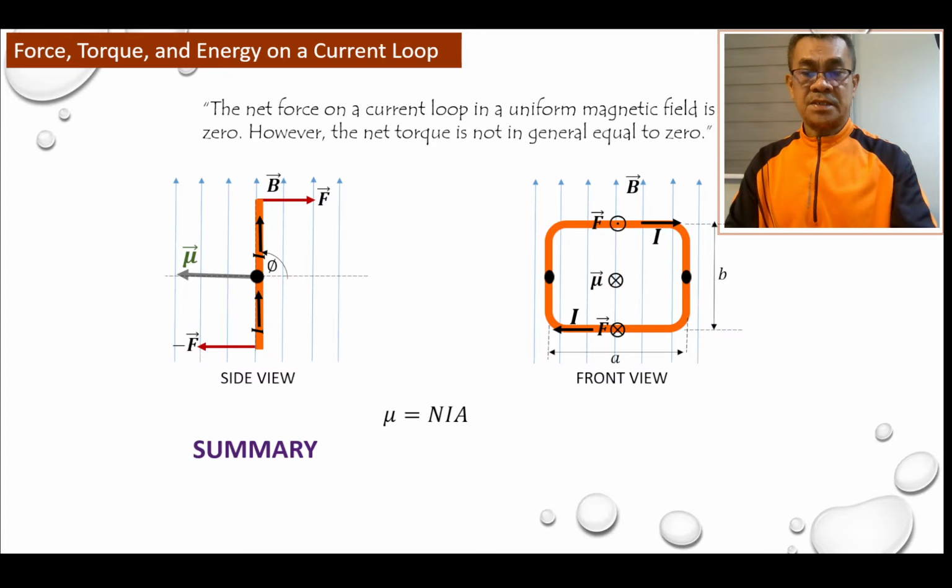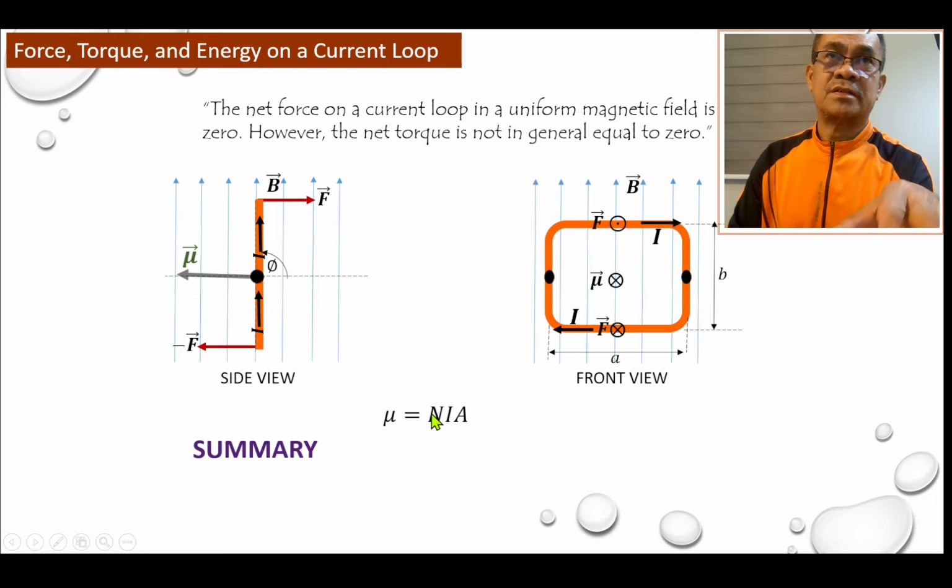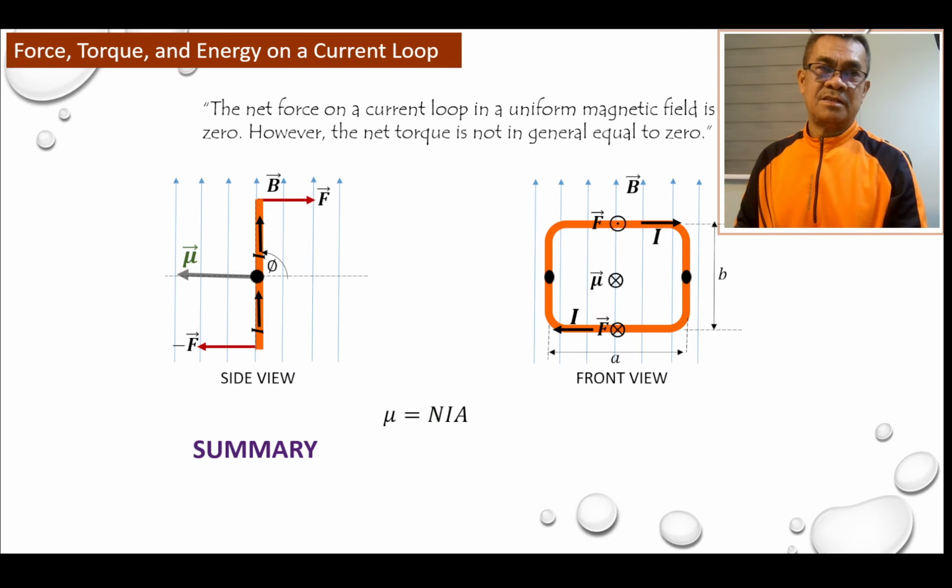Okay? So the formulas: in order to calculate magnetic dipole moment, remember that magnetic dipole moment is the what? It is the electromagnetic dipole moment of the loop conductor.